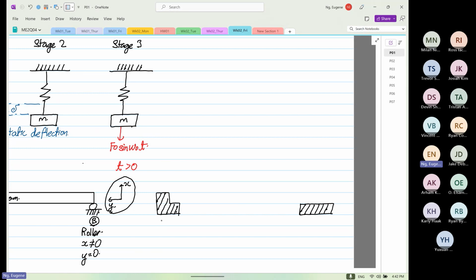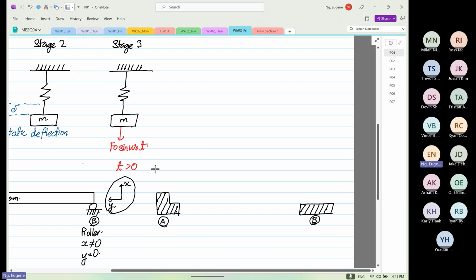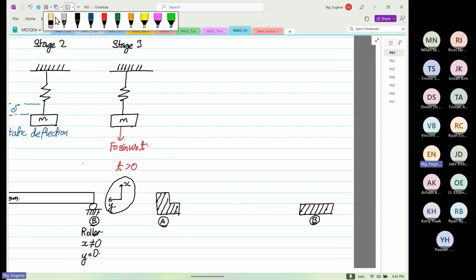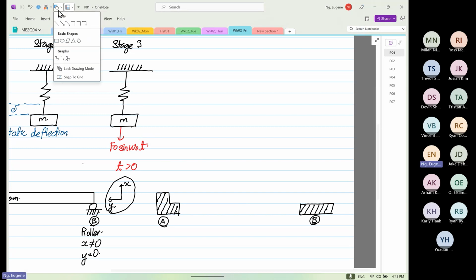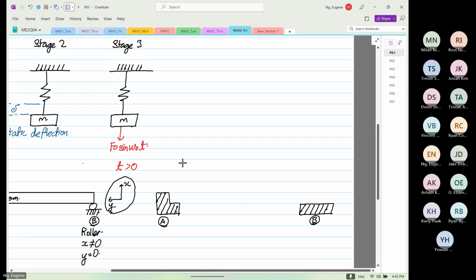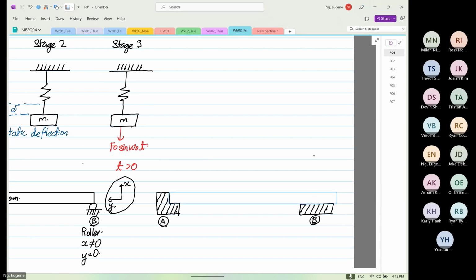So this is the support at point A, and this is the support at point B. Then after that, you put your beam. I'm going to change color. You put your beam down here. That's it.